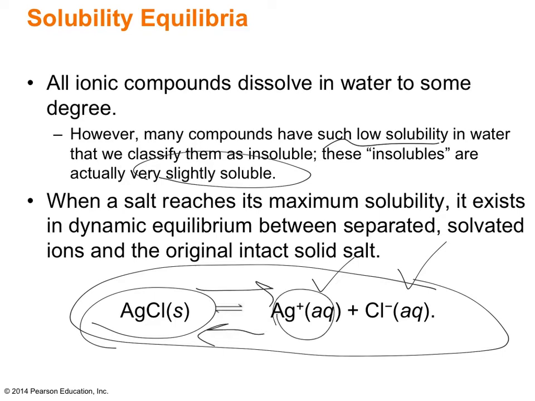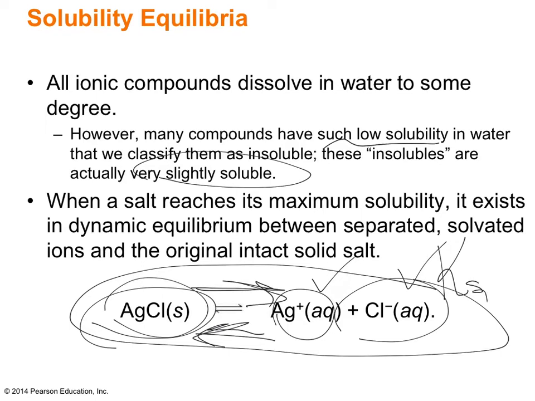The ions will recombine to form the original intact ionic solid, and equilibrium is reached, as always, when the rate of the forward process equals the rate of the reverse process. And so the equilibrium we talk about in this lecture, KSP, refers to the solubility equilibria.